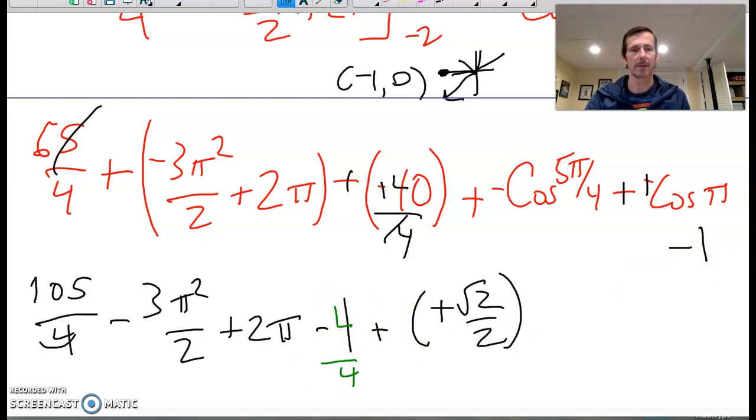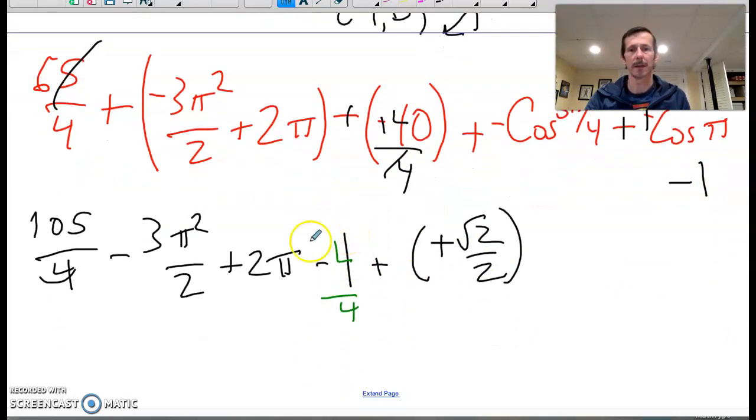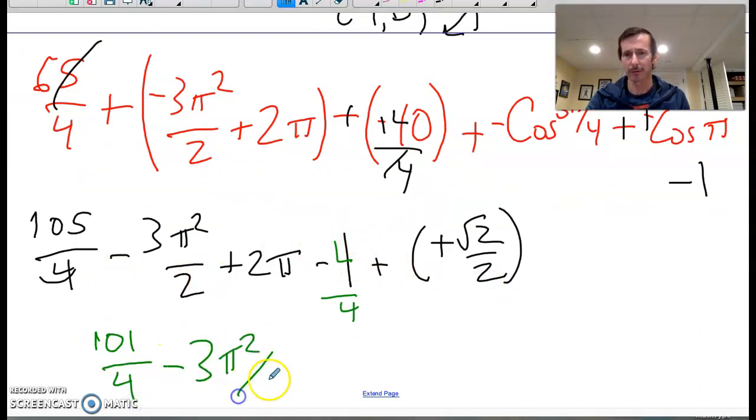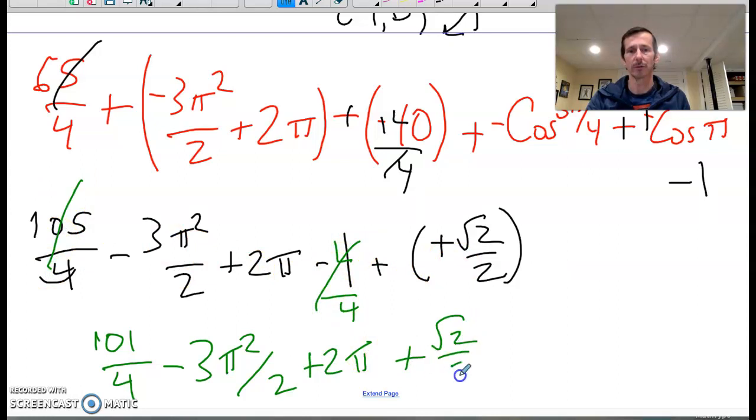So these guys right here would become 101 over 4 minus 3 pi squared over 2 plus 2 pi. Again, those two I combined together. And this is plus rad 2 over 2.